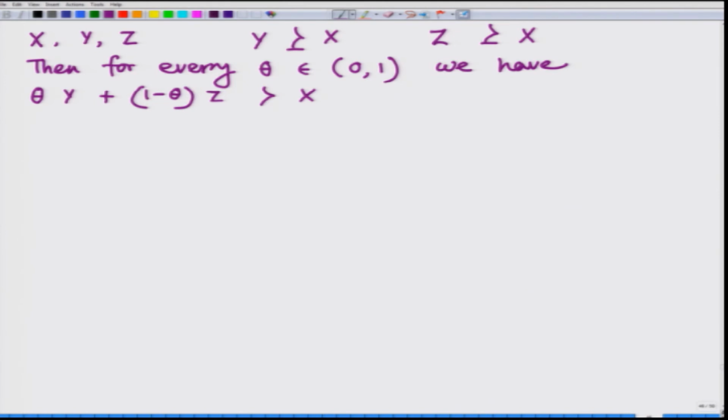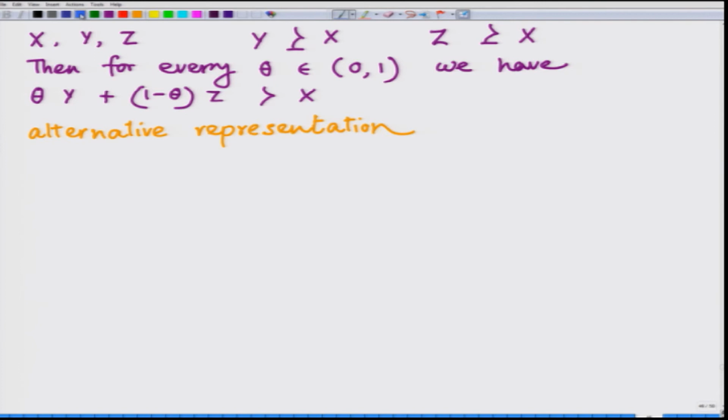Now, there can be an alternative representation of convexity, and that is what we are going to study next.